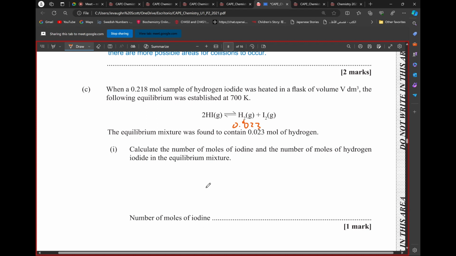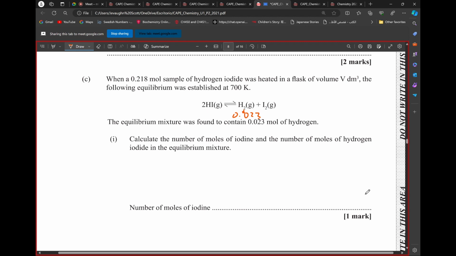So what would you do for the number of moles of iodine? What would be the answer? Go ahead. Would it also be 0.023? Okay, that's interesting. Zach, would it also be 0.023? Yes, sir. All right. Zamora, will it also be 0.023? Yes, sir. 0.023.